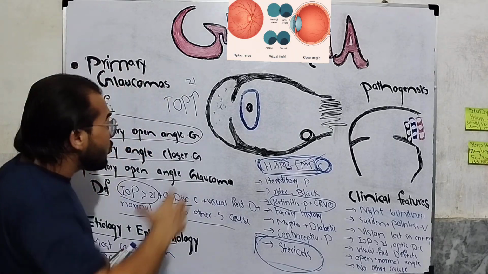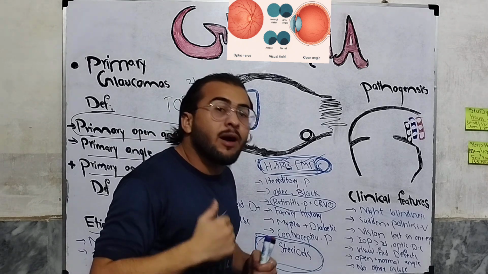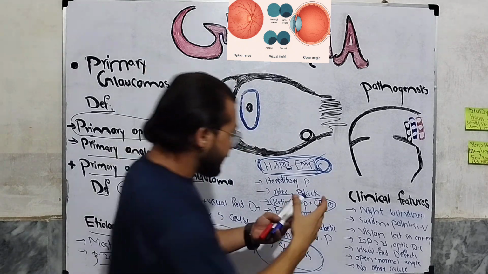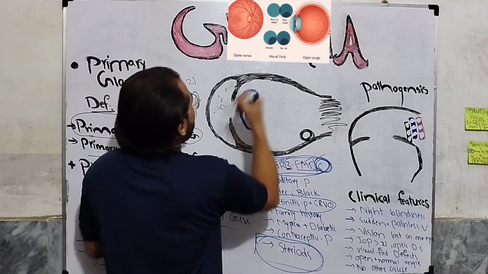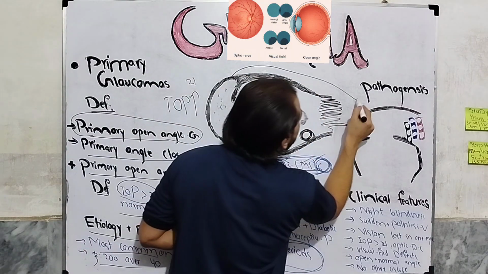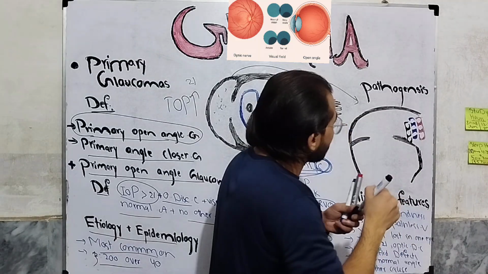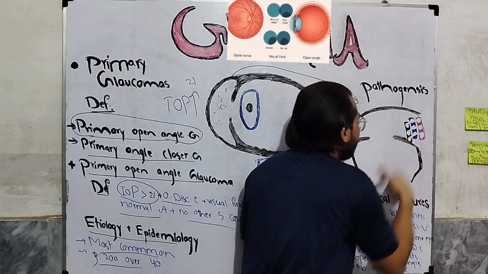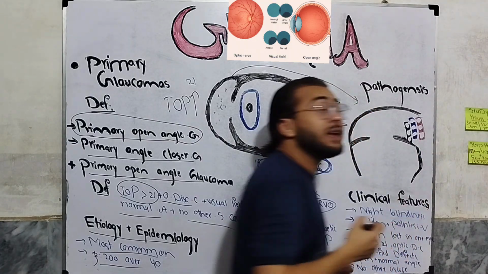So how can these etiological factors cause primary open-angle glaucoma? What is the pathogenesis? This is the angle, which I have zoomed. These are the trabecular meshwork layers: the uveal layer, corneoscleral layer and juxta canalicular layer.